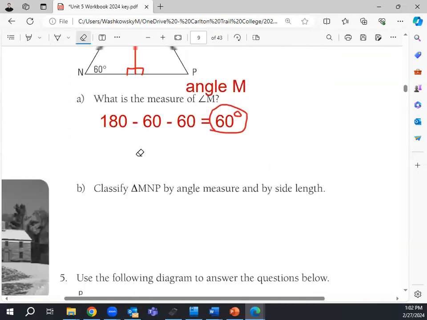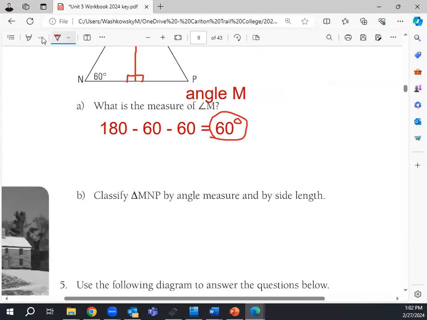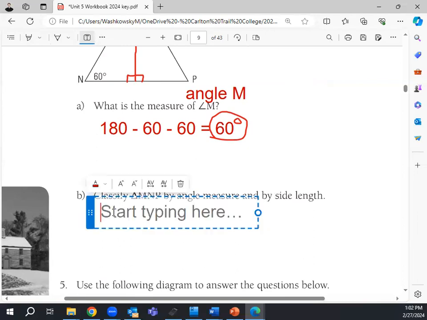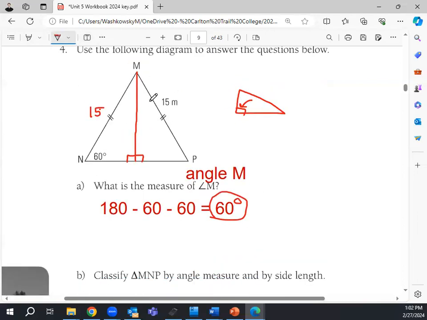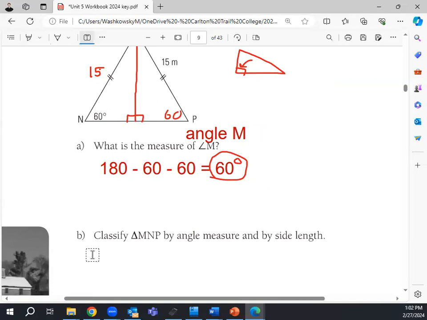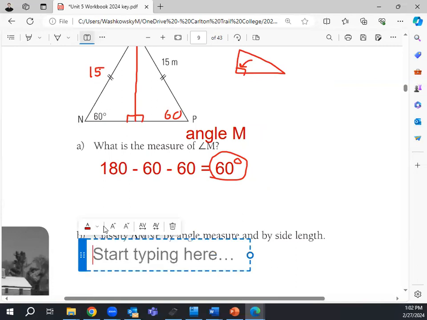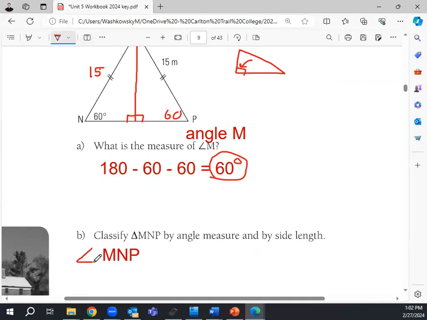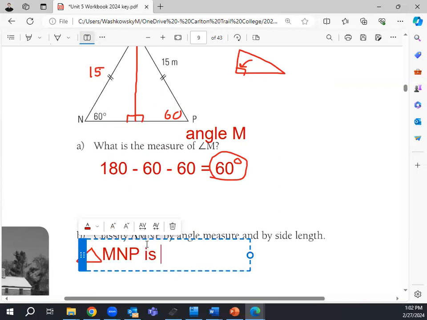Now, the next thing it's asking us is to classify this by angle measure and side length. Here's what we know. We know that all three of these angles are 60 degrees, so I know it's going to be an acute triangle. Triangle MMP is an acute triangle.